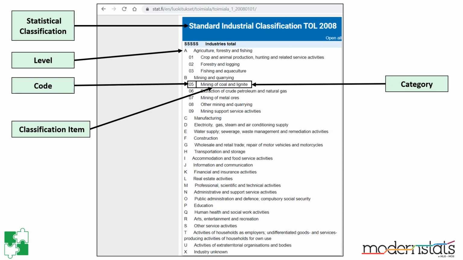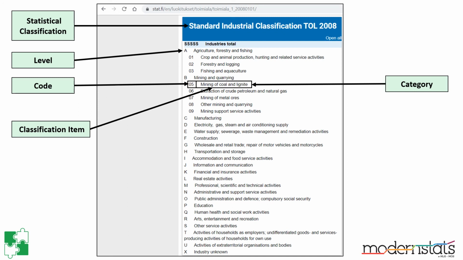I have a more concrete example from our classification database, where we have the statistical classification, the standard industrial classification. It has several levels, and in this case, they are represented by a letter. One level is the letter, for instance, A, agriculture, forestry, and fishing.